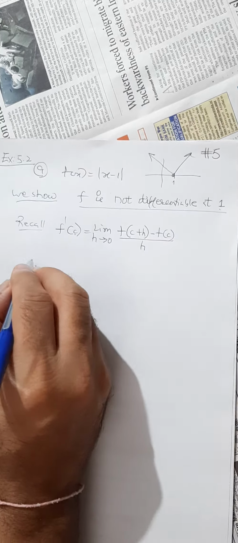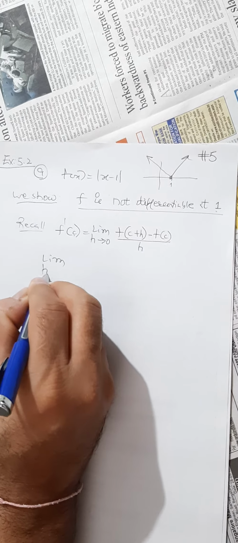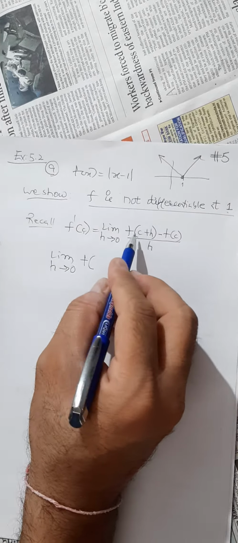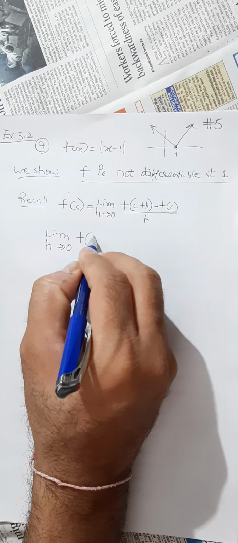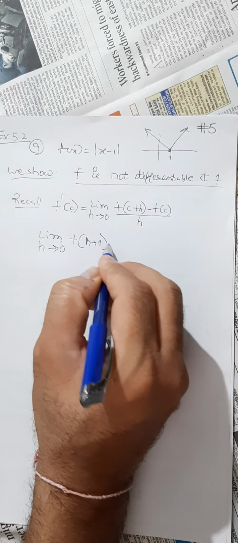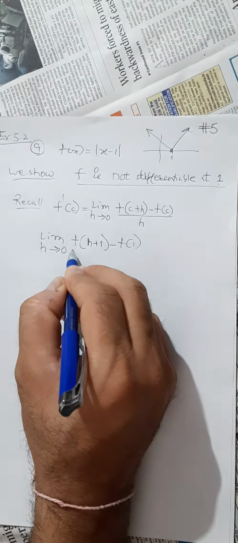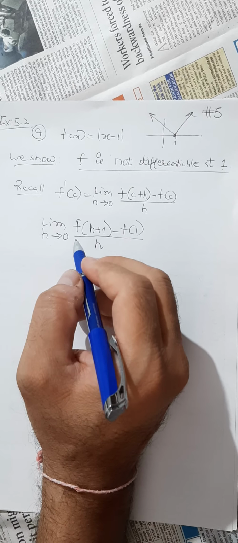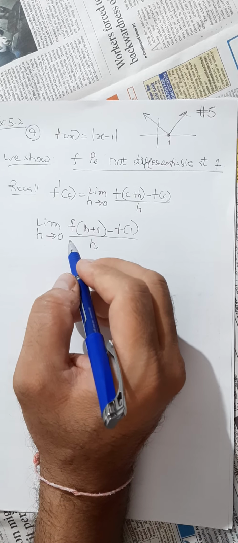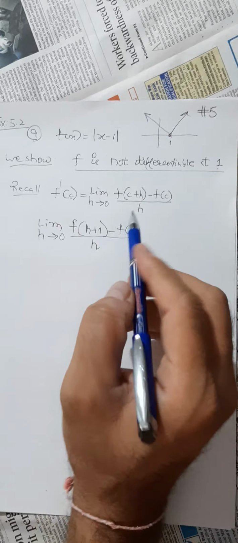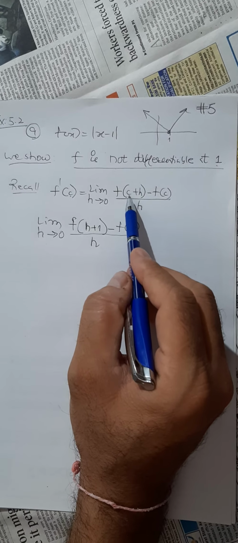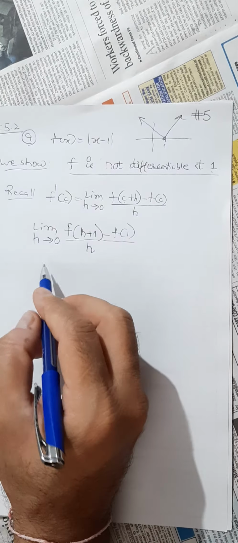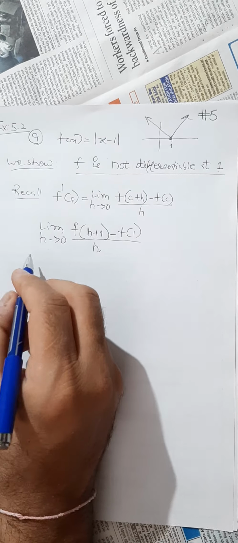So limit h tends to 0, f of 1 plus h minus f of 1 upon h. Now we put the value of the function here.